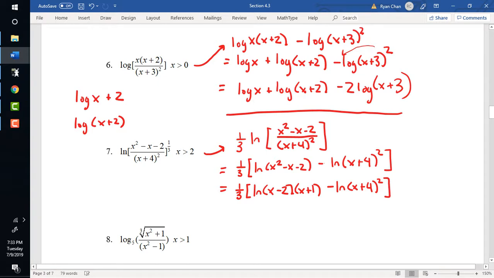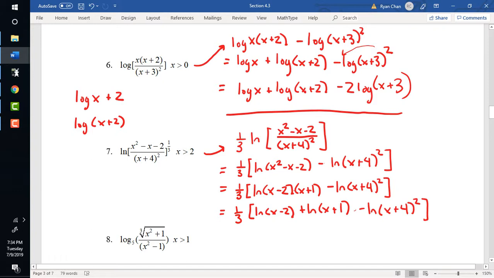Why would I do this? Because then I realize I'm multiplying, so I have to split this one up once again. So this is 1/3 times natural log of (x minus 2) plus natural log of (x plus 1) minus natural log of (x plus 4) quantity squared.